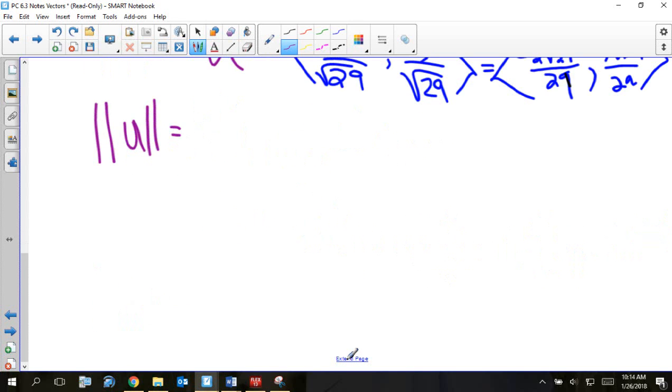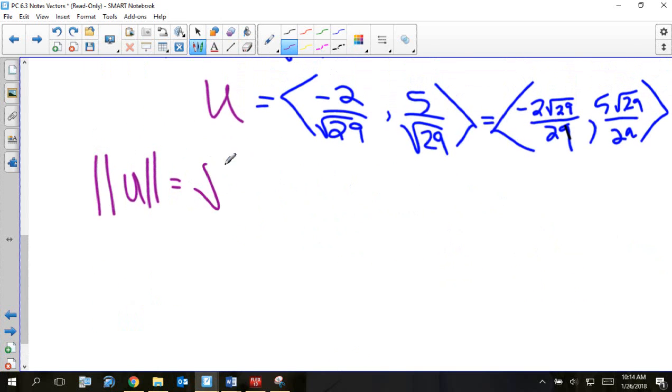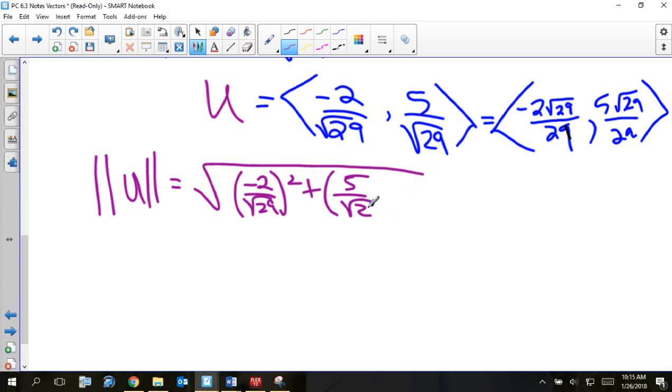It's easier. So we'll just do the magnitude formula, which is what? It's the Pythagorean theorem. Distance formula of the Pythagorean theorem. We're going to do negative 2 over square root 29 squared plus 5 over square root 29 squared.